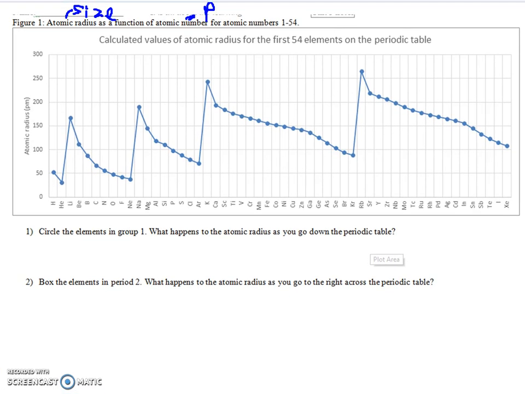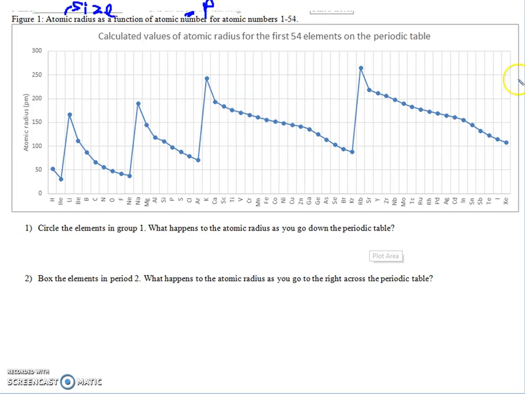Okay, I think that's pretty much where it was before. So P plus, positive. Alright, what's it tell us to do? Circle the elements in group 1. What happens to the atomic radius as you go down the periodic table? Well, the elements in group 1, it starts with hydrogen, so there's one, and then we have lithium, which would be this one.